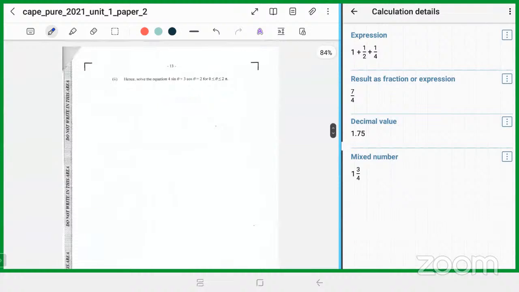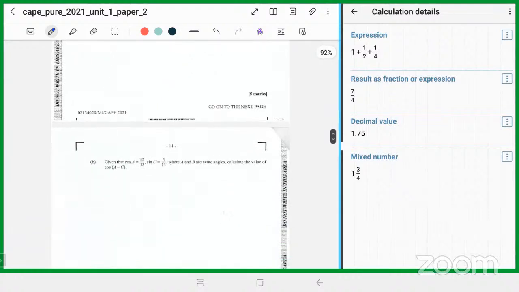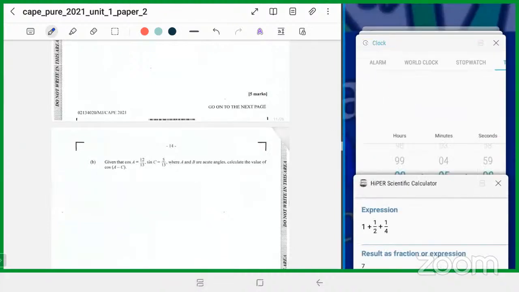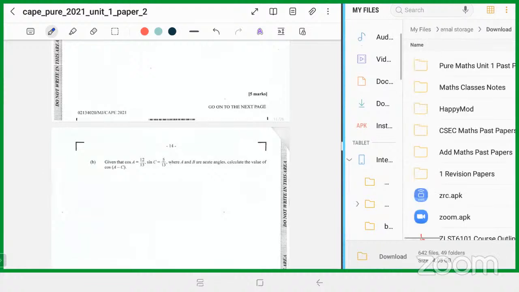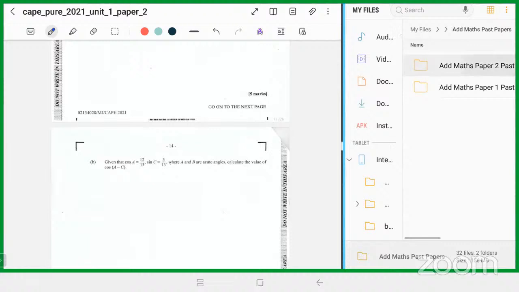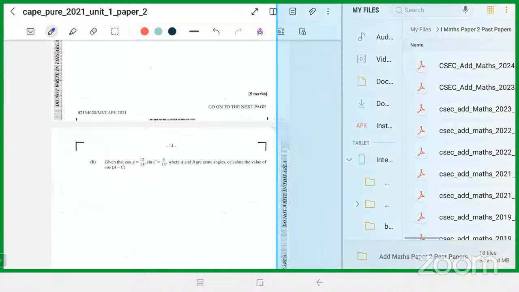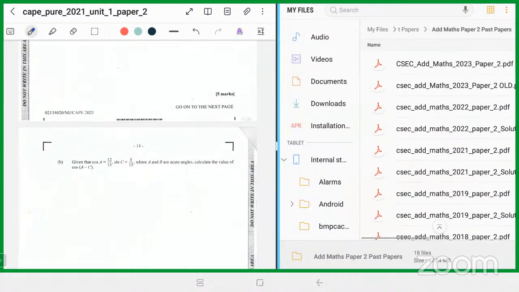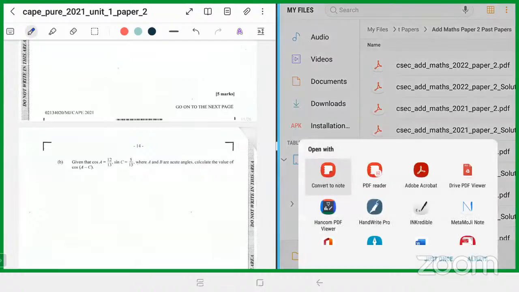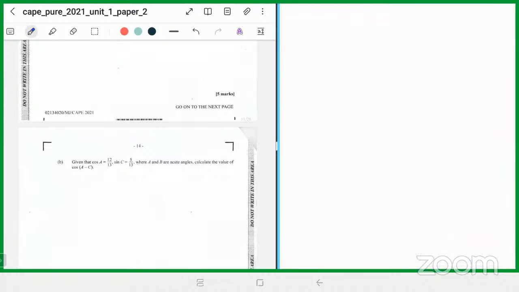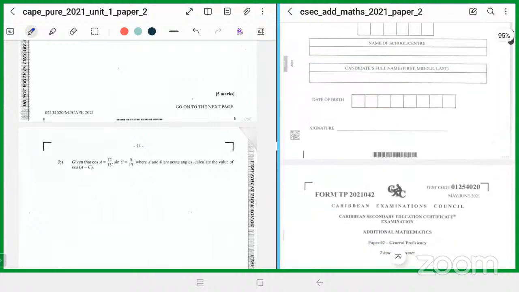All right, so go back to add maths now. 2021. Advanced 2021. Let's see what's on this one.